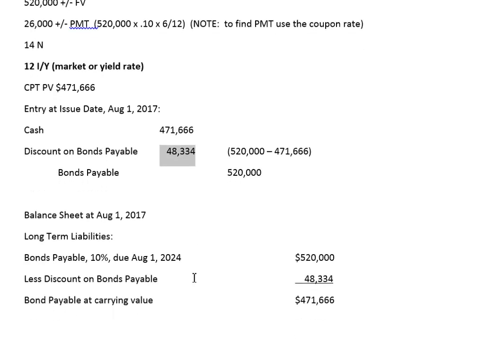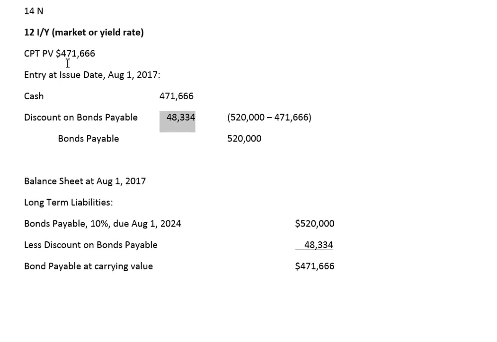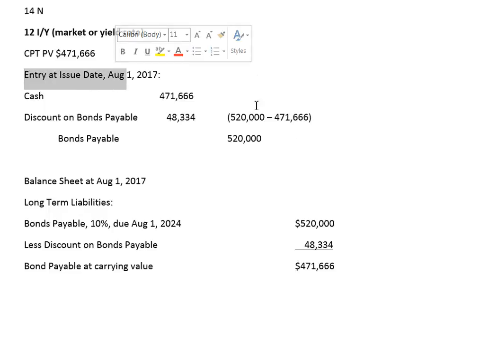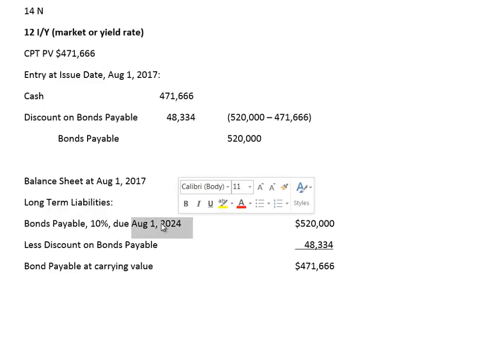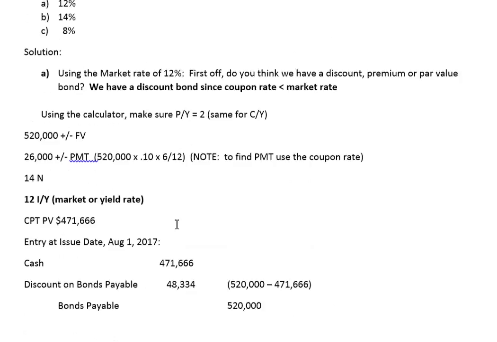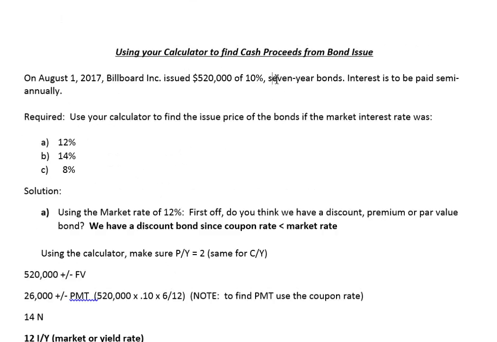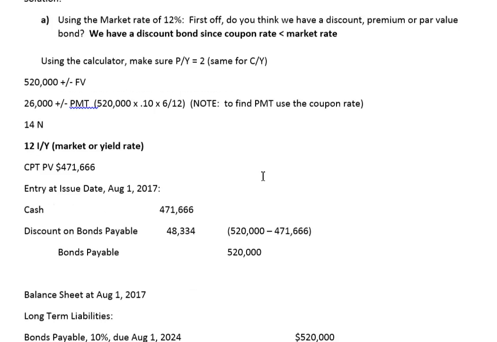All right. Now, if we were Billboard, and after we make our journal entry, if we had to do a partial balance sheet in our long-term liability section, we would show the bond payable, we would show the coupon rate, and when it's due. That means when the term is up. Don't forget, we said it was a 7-year bond, and it was issued August the 1st, 2017. So that means it's due August 1st, 2024. That's 7 years.